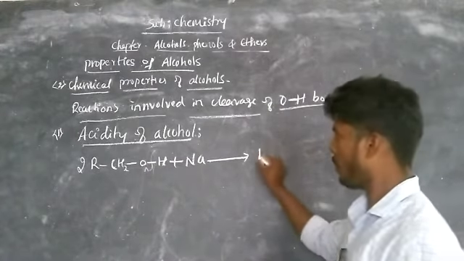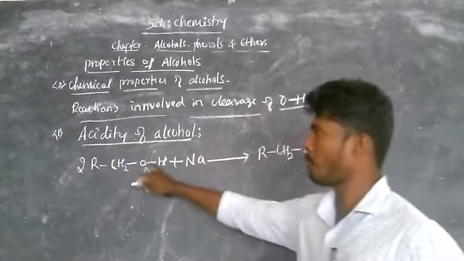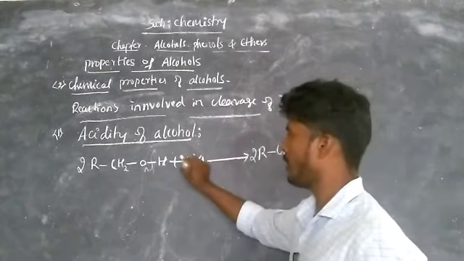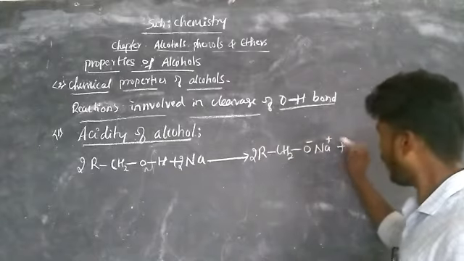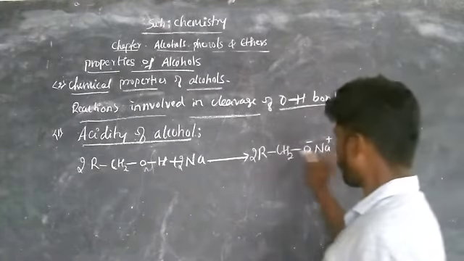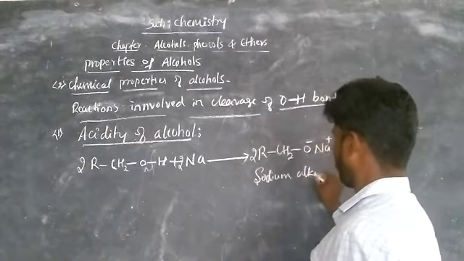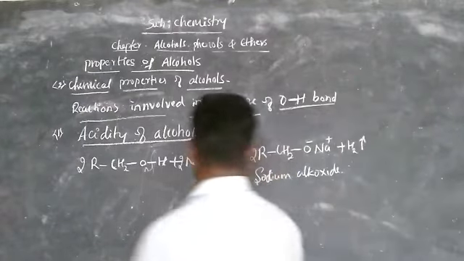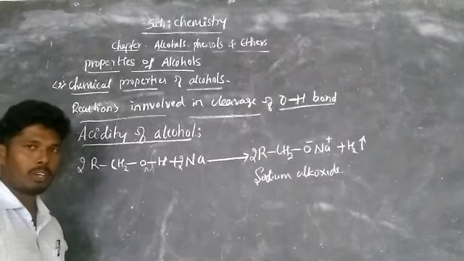You get RCH2 O minus, two equivalents, and Na plus, plus H2 gas. So this is called sodium alkoxide. Now it releases hydrogen gas, which indicates the acidic character of an alcohol.